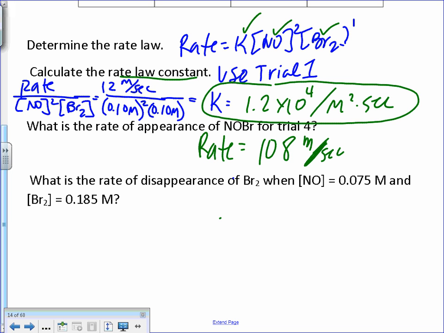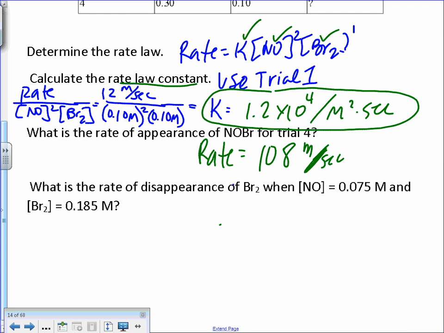Okay, so the last part is really what I want to get to in this whole thing. This one's kind of using the whole relative terminology we talked about last week, so appearance versus disappearance and then comparing the two. So what is the rate of disappearance of bromine when nitrogen monoxide is that and bromine is this? So when you see the disappearance of bromine, you're probably like, okay, well, I'm declining, I'm using that bromine, but how are our rates already expressed?